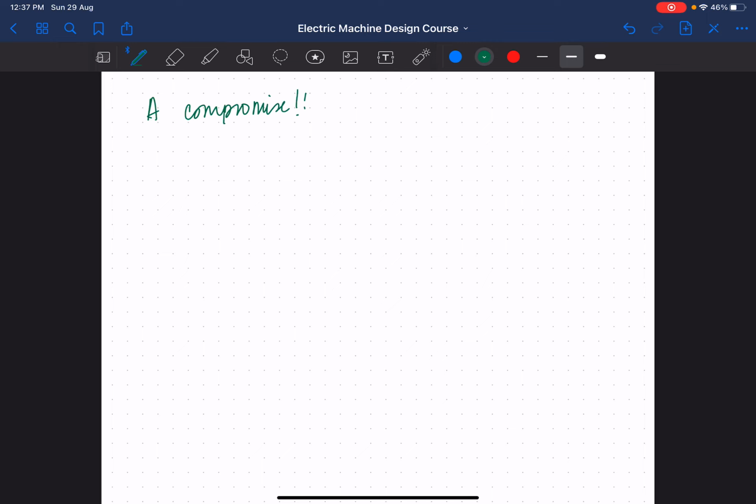What is this compromise? We use a stepped core. Right? So what happens with a stepped core? We use two sizes rather. The core is made in the form of a step. I'll show you this graphically in a bit.